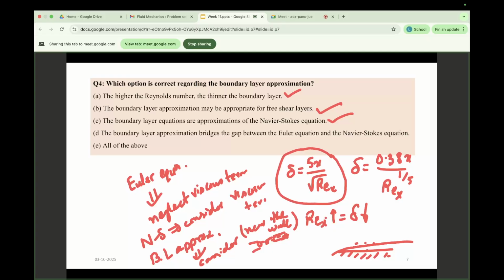That will not affect your answer that much. So that's why this option is also correct. That means all these four options are correct. So option A is the correct answer. All the above should be the correct answer. I hope that you understand this.